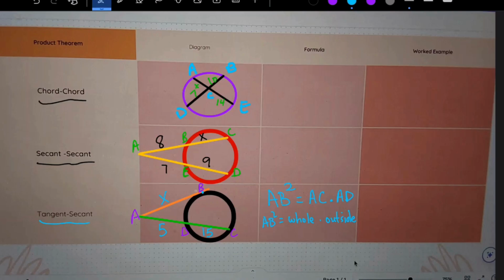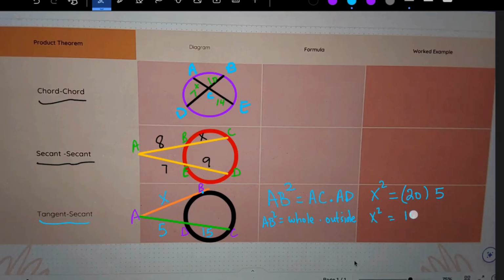Don't forget AB, the tangent, is always squared, so that means I have x squared equals the whole, which is 5 plus 15, that's 20, multiplied by the outside, which is 5. And then you solve from there.